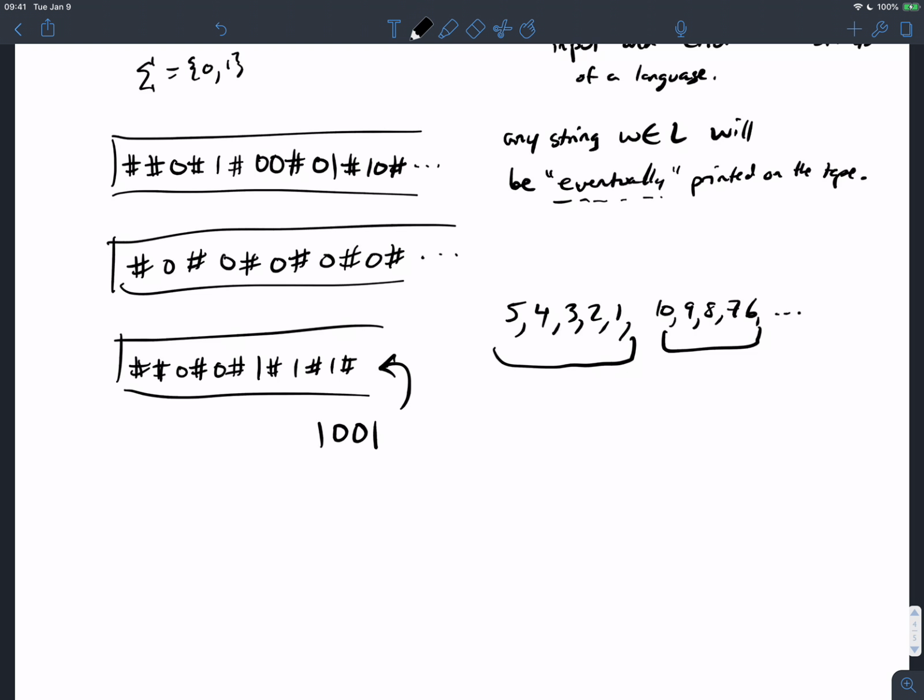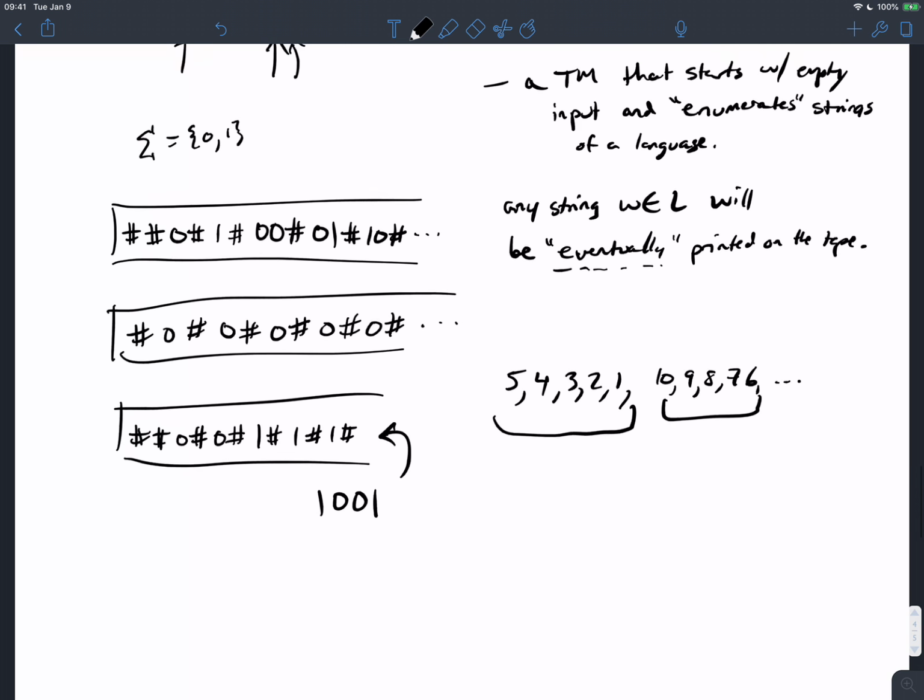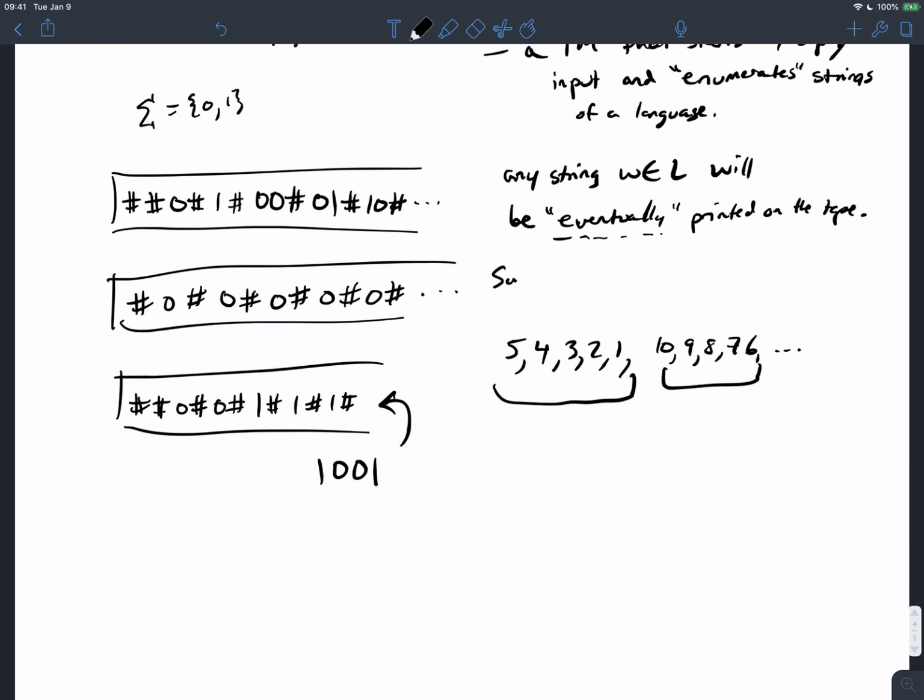So if you tell me an integer, this enumeration will eventually print that number. And we say L is enumerable if some TM enumerates it.